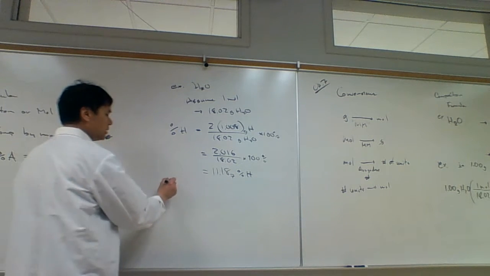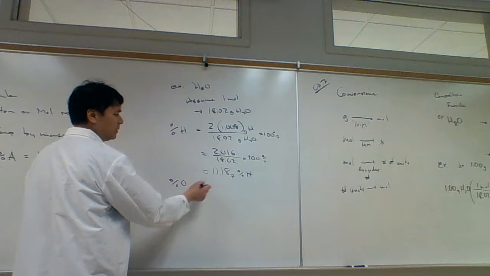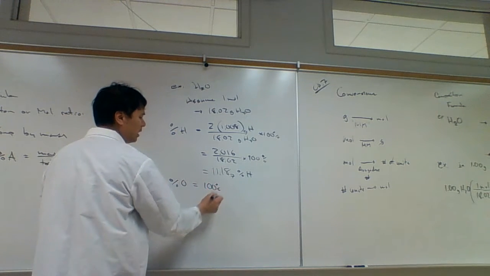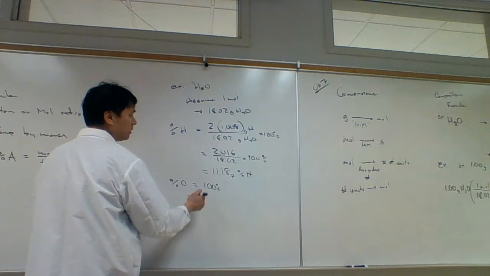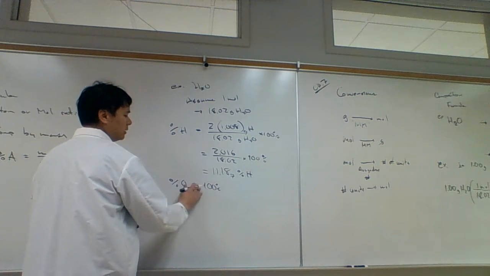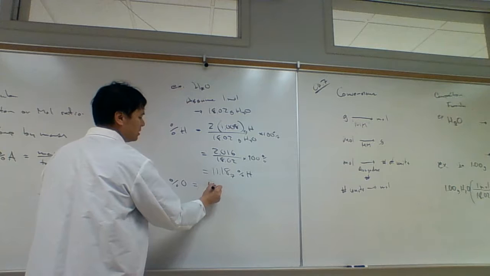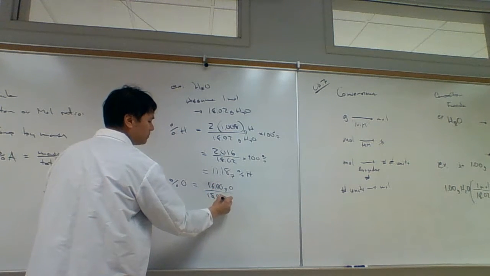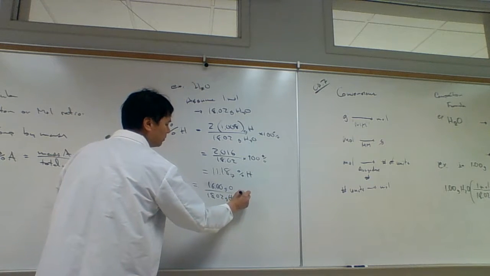And then the percent oxygen would just be 100% minus this. There's only 2 components, so I could do different calculations. I can just repeat it. I could do 16.00 grams of oxygen for every 18.02 grams of H2O times 100%.